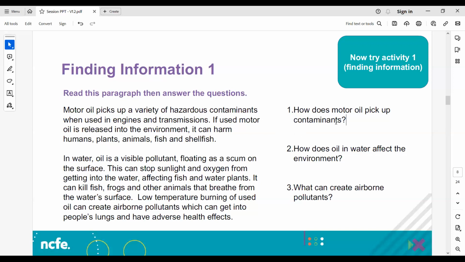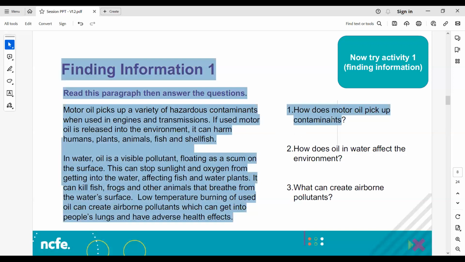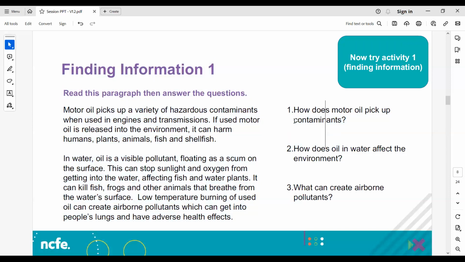Okay, so let's scan for this word contaminants. Where do we find that word? Where does it first appear? The first paragraph. On the first line. So how does motor oil pick up contaminants?